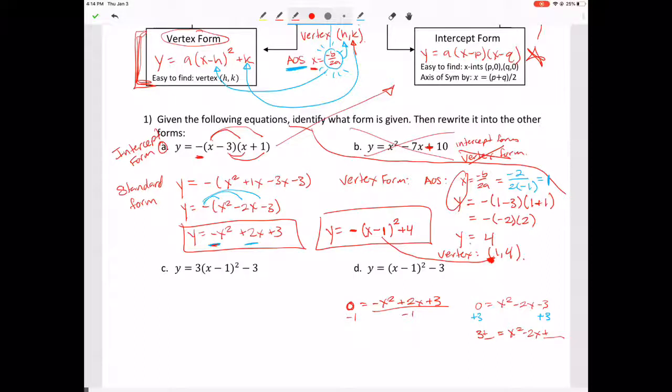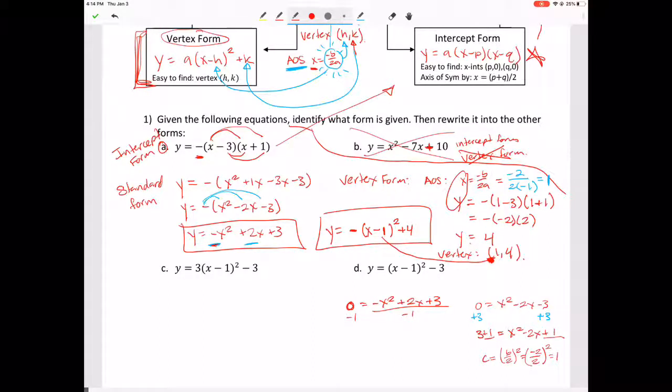Okay, and then to complete the square, we use our equation c equals b over 2 squared. And b is negative 2. So negative 2 divided by 2 is negative 1, and negative 1 squared equals 1. So we add 1 to both sides.